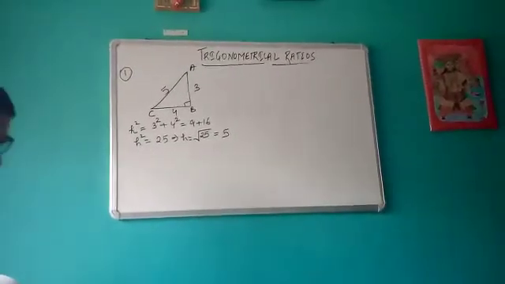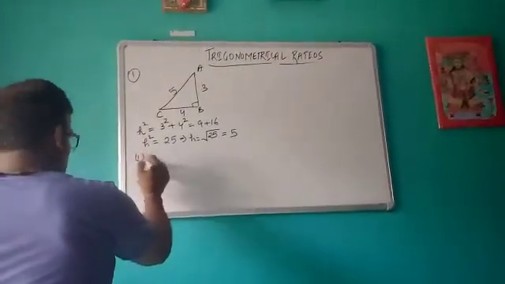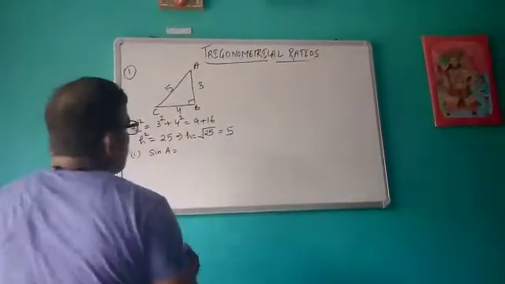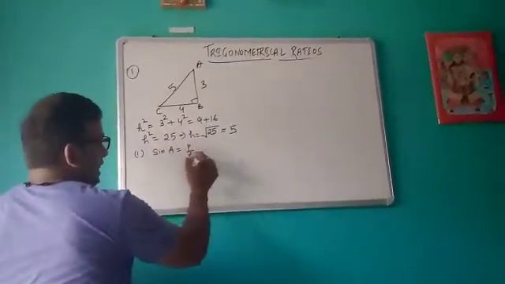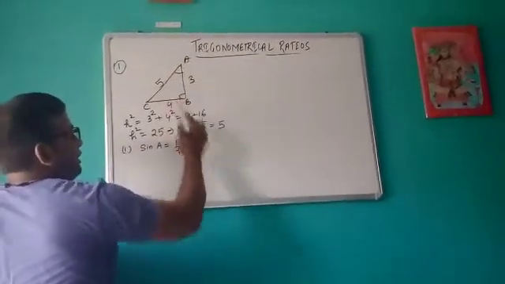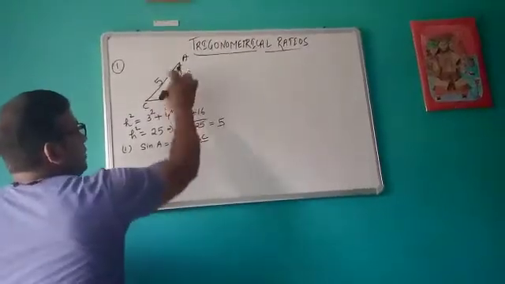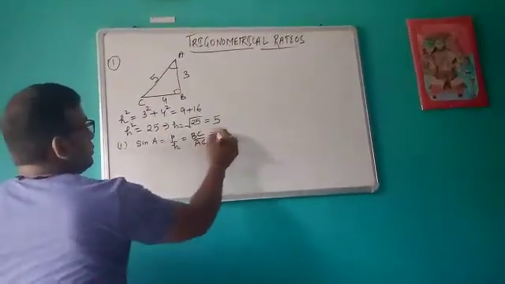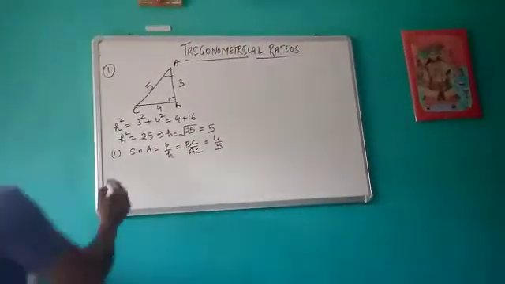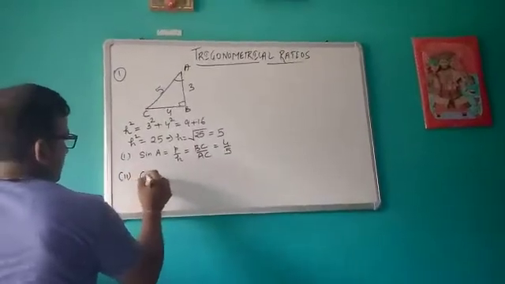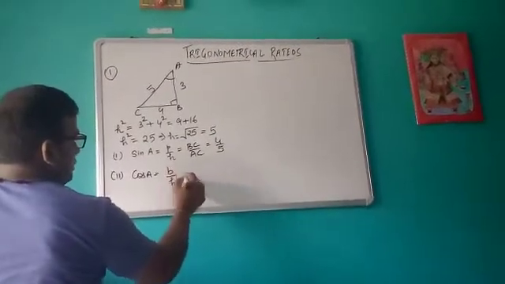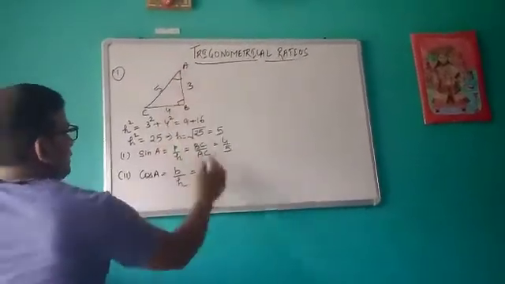Now we will start to find the trigonometric ratios. The first ratio asked is sine of A. What was sine of A? P upon H. Now this is my A, so for this A, what is P? BC, and obviously my hypotenuse will be AC. So it will be 4 upon 5. Then the second ratio asked is cos of A. What was the formula of cos? B upon H. For this A, what is the base?